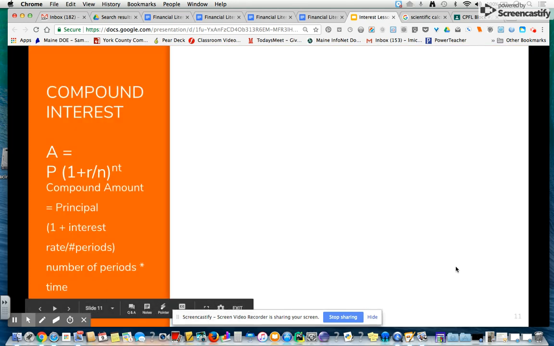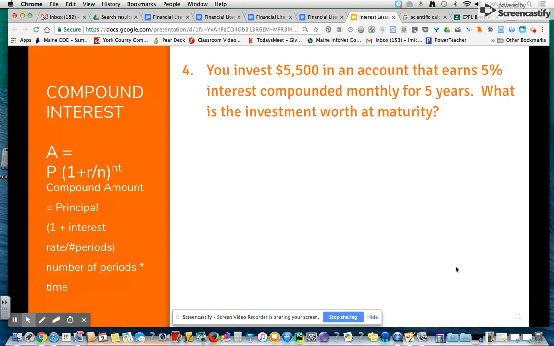So let's apply the compound interest formula. Assume you invest $5,500 in an account that earns 5% interest compounded monthly. That's 12 times a year for 5 years. What is the investment worth at maturity? So the first thing you need to do is put this in the formula. Very important that you write it out in the formula first.